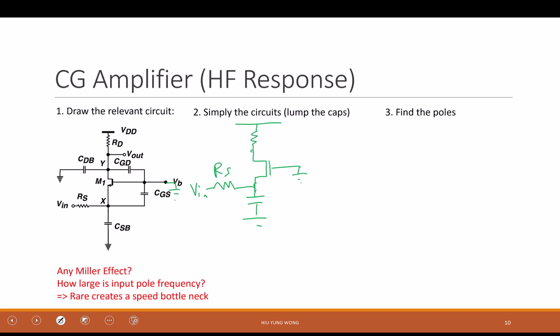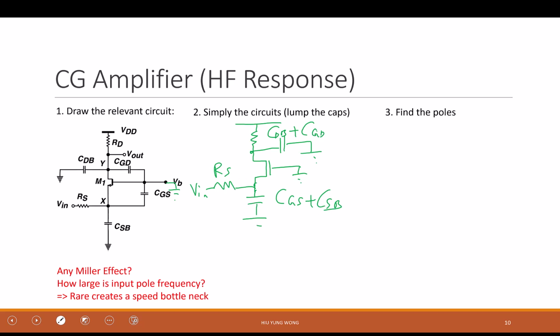He claimed that this is like this, CDB plus CGD. Do you agree? Yeah, because they have the same terminal. They both connected to Y and the other terminal connected to ground. Again, this is AC ground, although it's DC bias, right? So how about the other two? It's the same, CGS plus CSB. Very simple. This circuit, no Miller cap, very simple.